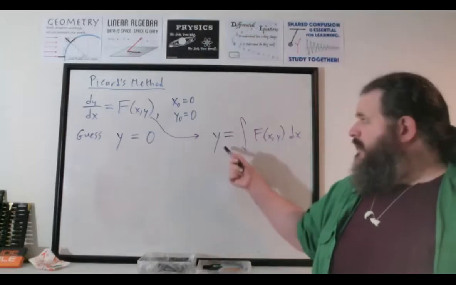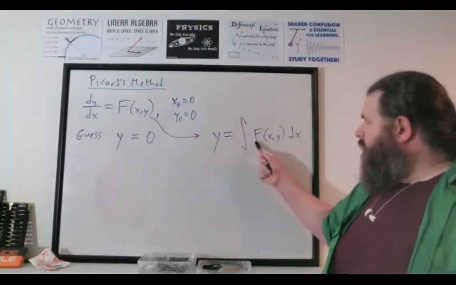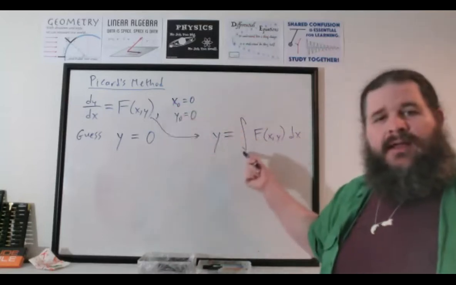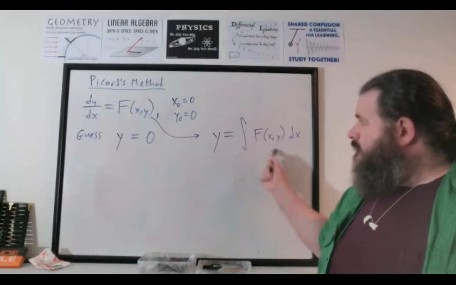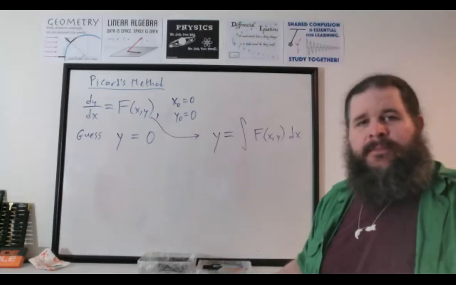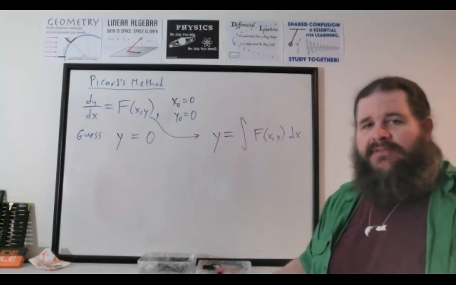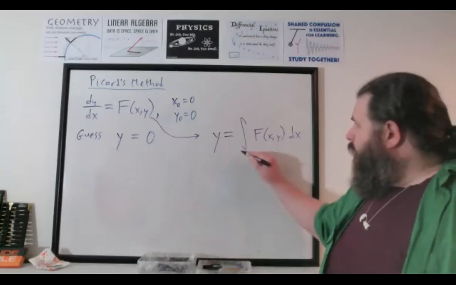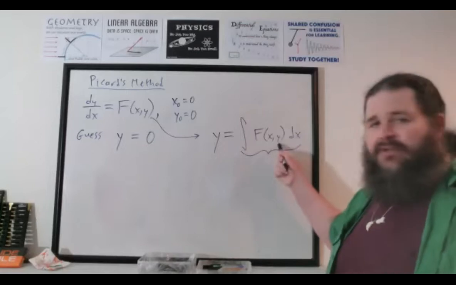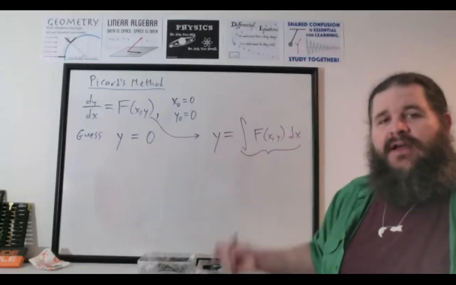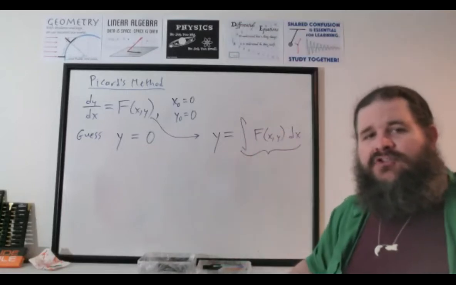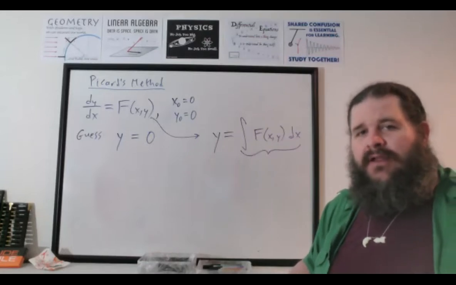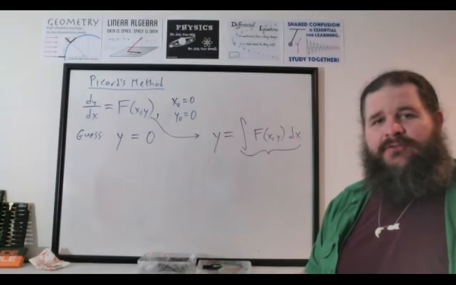So if y truly is a solution, then when you take that function of x and y, whatever the other side of the equation is, and integrate with respect to x, the result should just be y itself. If the result is not y itself, then that means y is not a solution. But the bonus here is when you apply this integral, if y is not a solution, the result is another function, a different function that ideally should be closer to the actual solution. A more complicated function that more closely matches the actual solution curve.